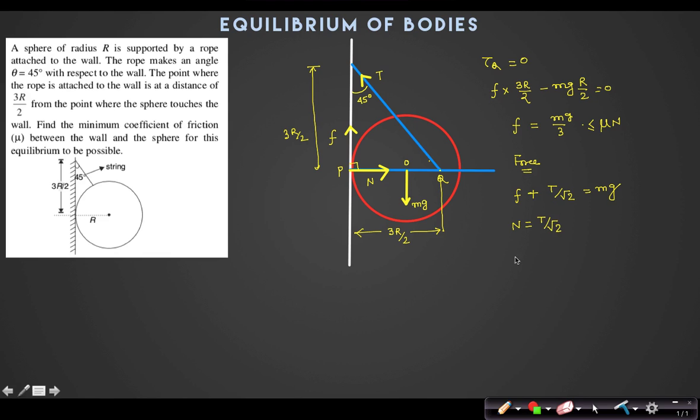So if you replace there, N will be 2 mg by 3. So you just put the value here. mg by 3 is less than or equal to mu into N, which is 2 mg by 3. So what is the minimum value of mu? Oh, so that was an easy question.